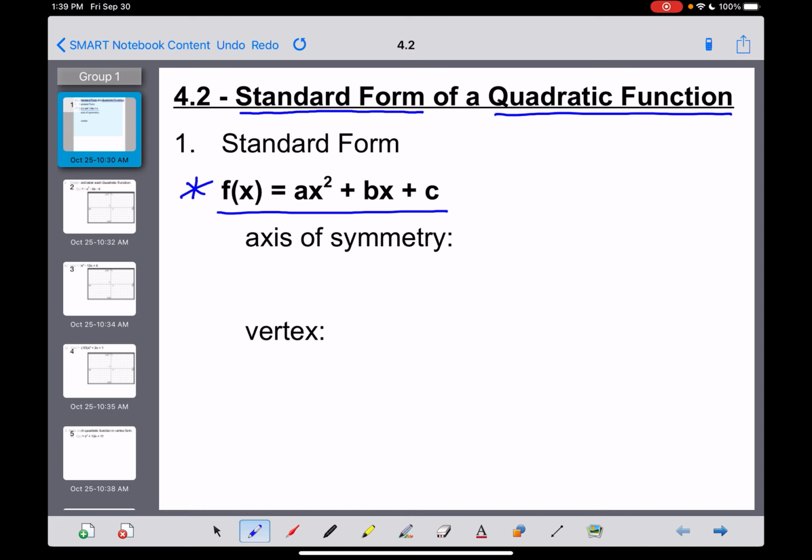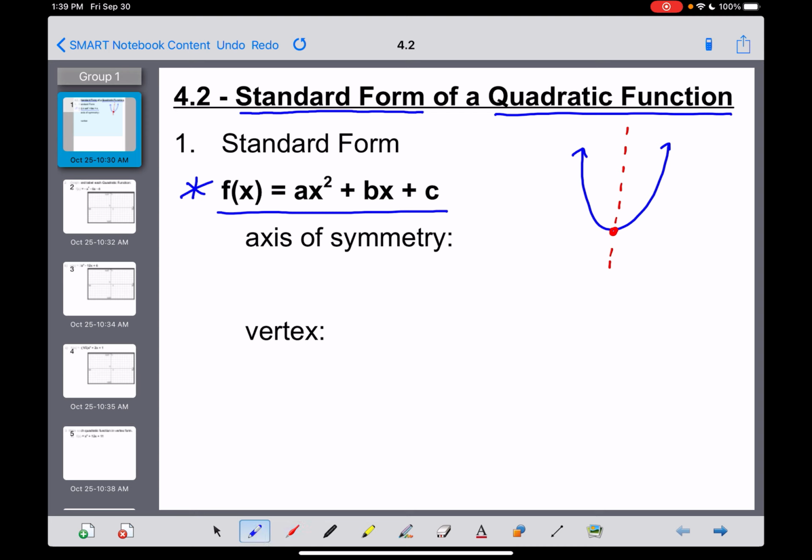The axis of symmetry is the line that's going to go right down the middle of your parabola. So if we think about what a parabola looks like if it opens up, the axis of symmetry might be that line right there. And what's important to realize is that the axis of symmetry always has to pass through your vertex. So here's what we need to know, and we need to make sure we get this written down.